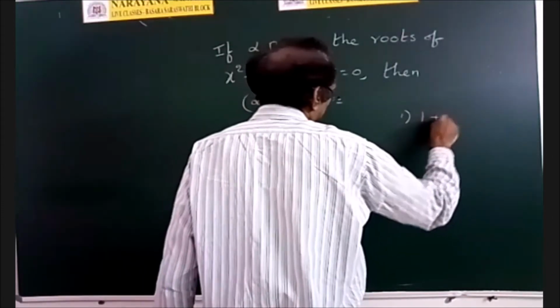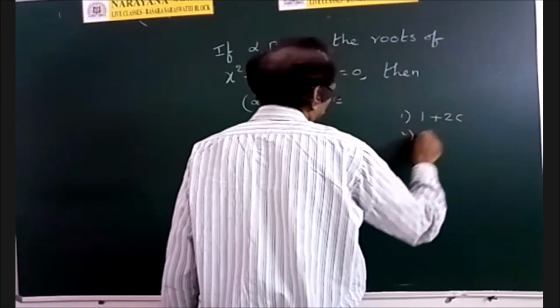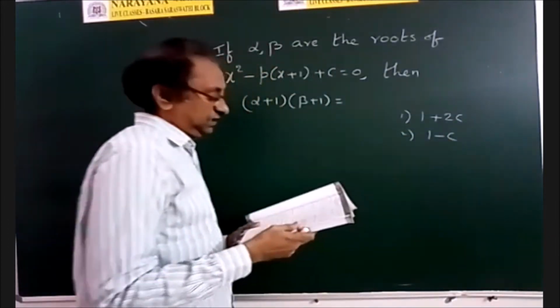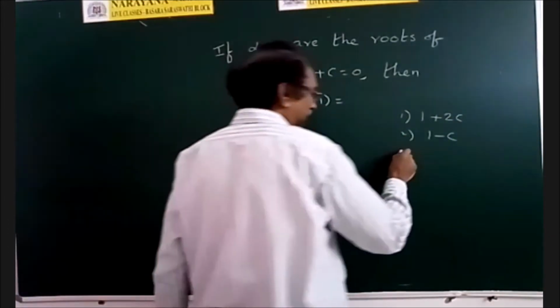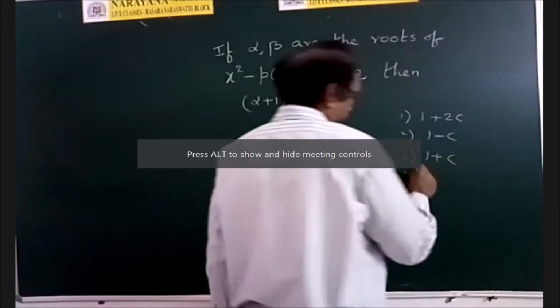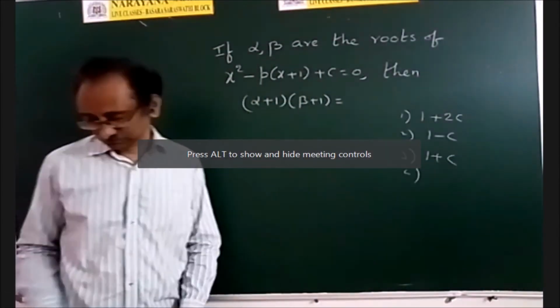The options are 1 plus 2c, 1 minus c, or 1 plus c, like this.